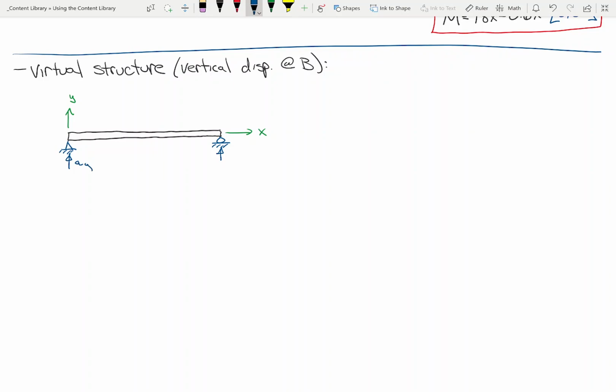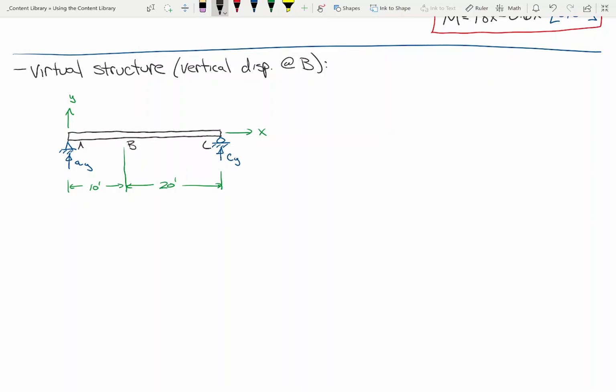We'll call this AY and call it CY. And we'll put A, B, and C. The beam is 30 foot long, so we'll do 10 foot and 20 foot.